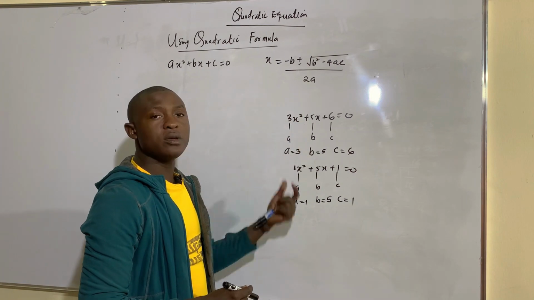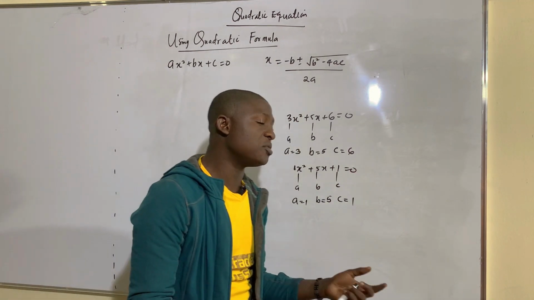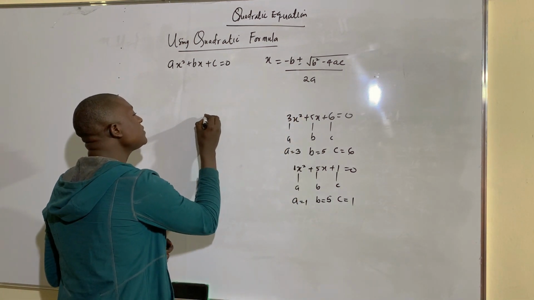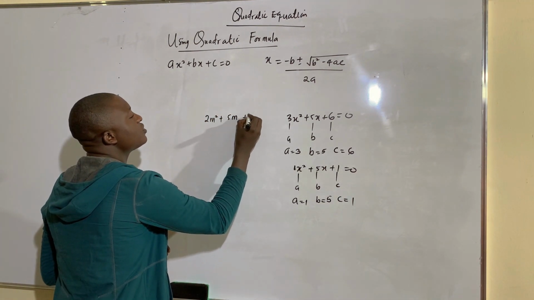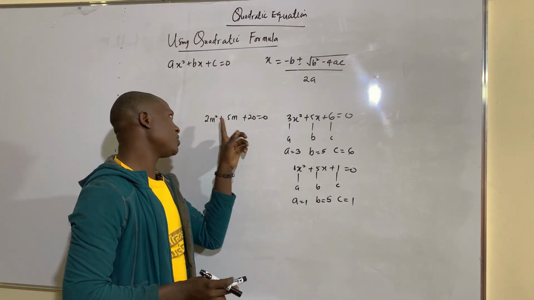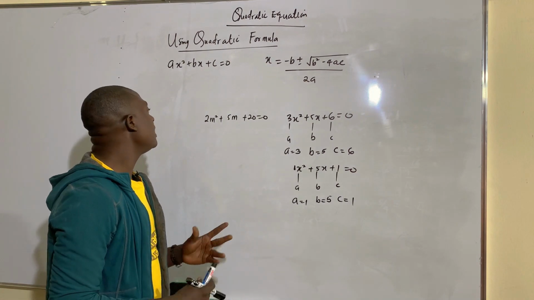Now, in some problems, you may have y instead of x. It can be y or p or q or whatever. Let's say we have something like 2m squared plus 5m plus 20 equals 0. You can see here, instead of using x, they decided to use m. It's still the same thing, either they use m or any other alphabet.